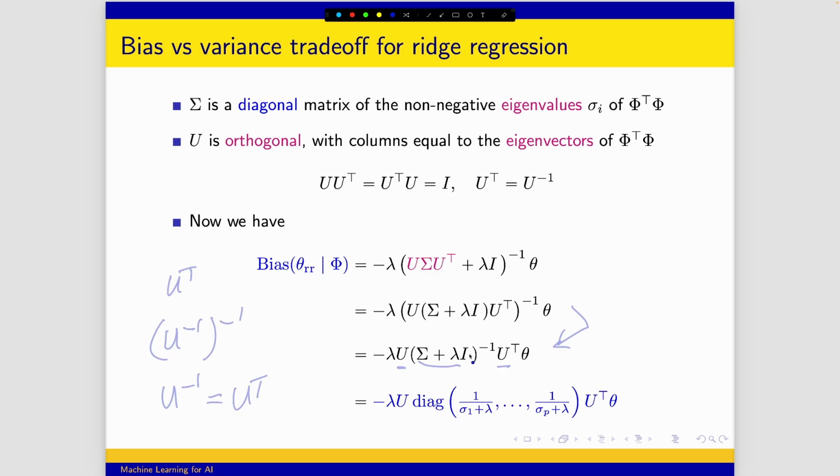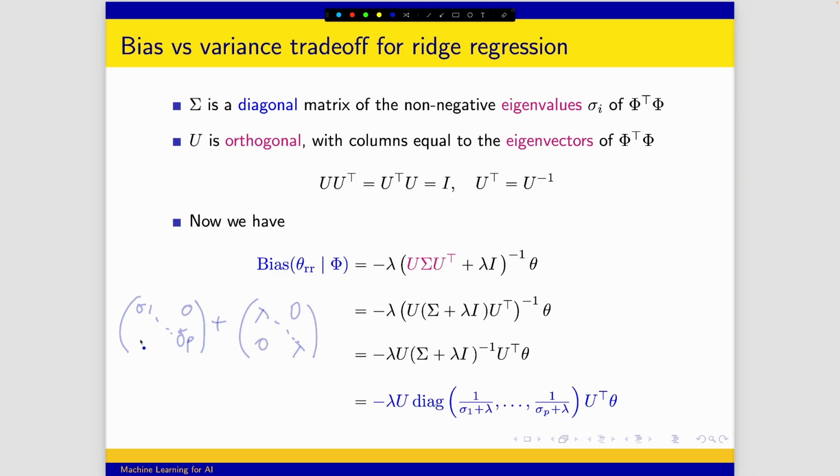Now, what is this matrix? Well, sigma is a diagonal matrix. So sigma looks like this. We've got sigma 1 down to sigma p. And we're adding to that lambda I. So we're adding this matrix, lambda along the diagonals and 0 everywhere else, just like this matrix here. So what do we end up with? We end up with lambda plus sigma 1 down to lambda plus sigma p. Now, what's the inverse of a diagonal matrix like this? It's very simple. It's just the same matrix, but we take the reciprocals of these.